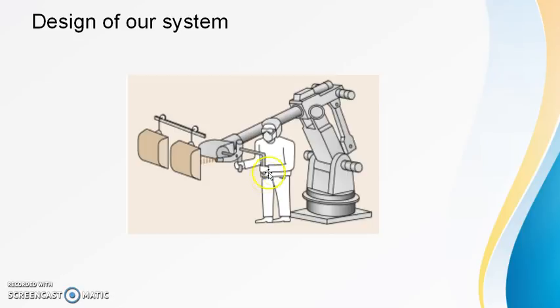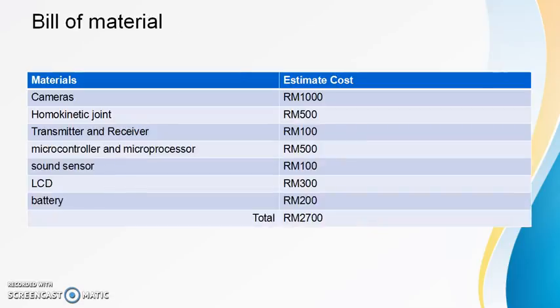The human can control the robot, and also control another robot in the field to perform some tasks.